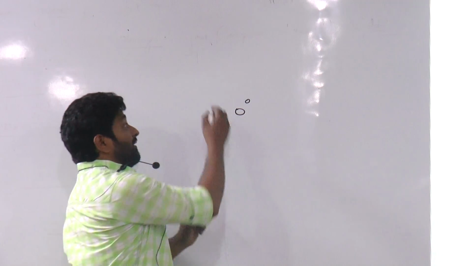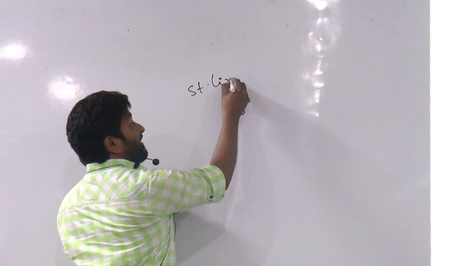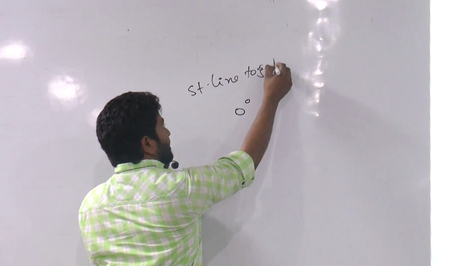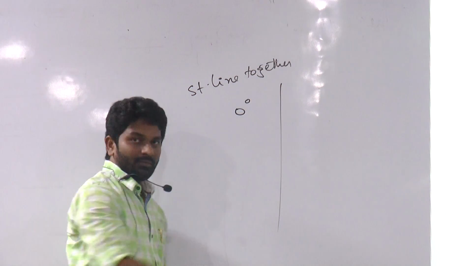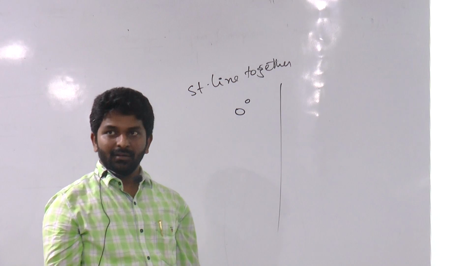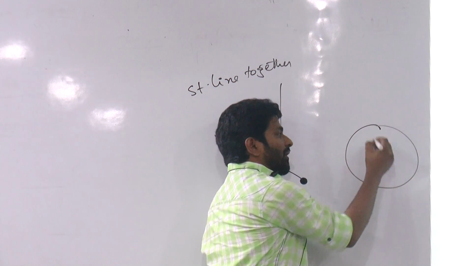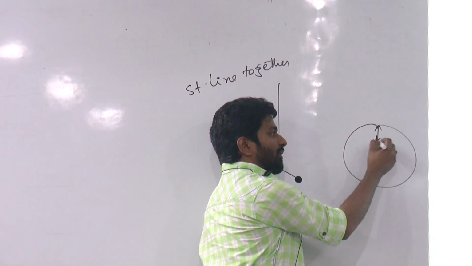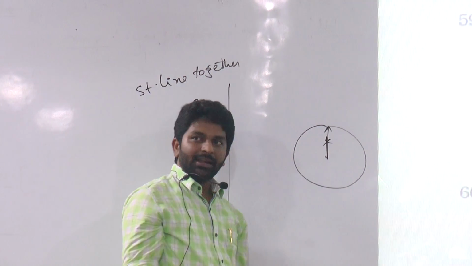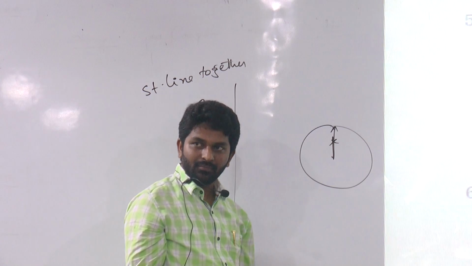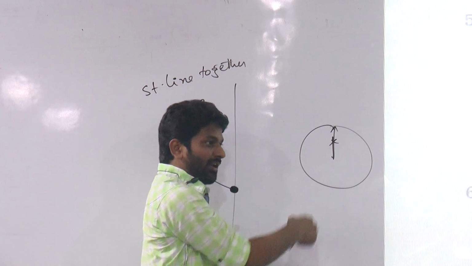This is called straight line together. In your clock, if the time is 12 o'clock, it forms a straight line. Am I right? Both the hands form a straight line.